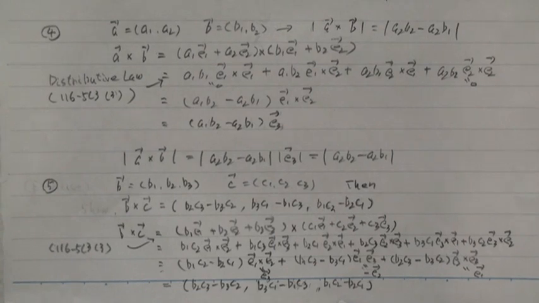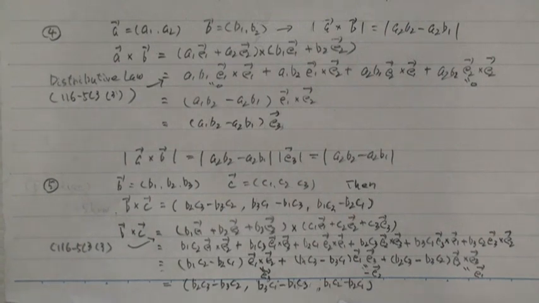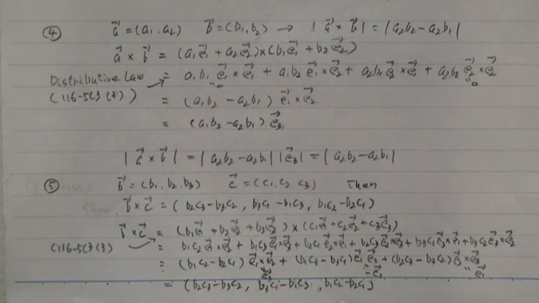Then B vector outer product C vector has components B2 C3 minus B3 C2, B3 C1 minus B1 C3, B1 C2 minus B2 C1, and we calculate B vector outer product C vector.